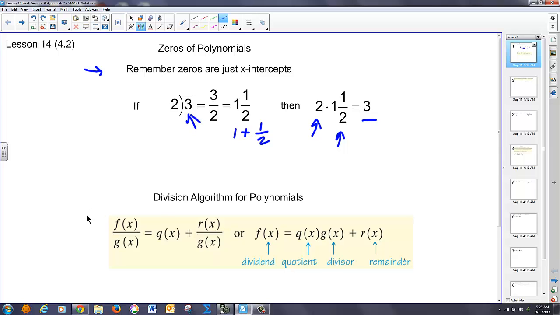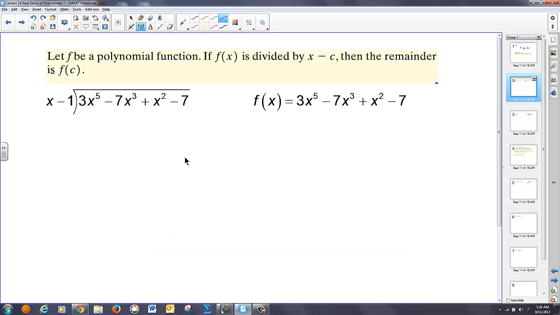And the same thing goes for polynomials. We take a function, divide it by another function, we get an answer, plus some remainder divided by the original divisor. Now, taking that one step further, if we want to define that remainder, let f be some polynomial.